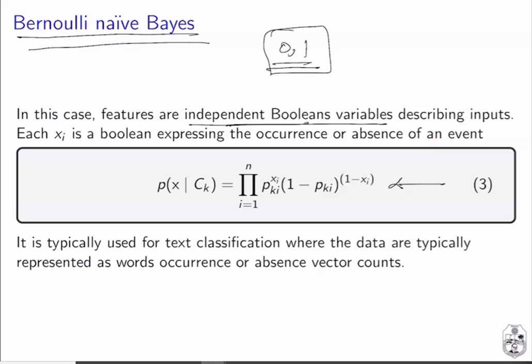This is also used for text classification. 0 means non-occurrence of a particular word in a document, and 1 represents the occurrence of a particular word in that document. So in Bernoulli naive Bayes, the input features are Boolean variables.